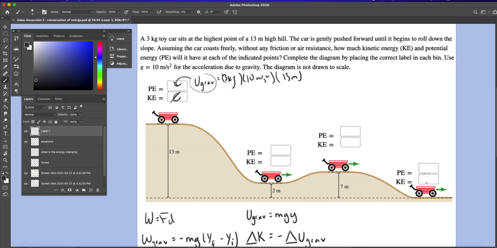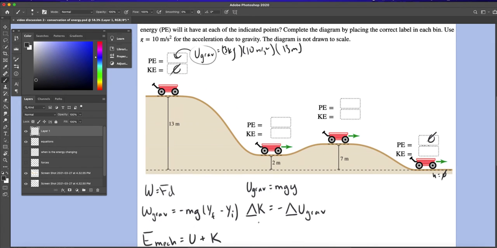And then what you would do next is probably do this one. The height is equal to 0 right here, so that means that there's no potential energy. And if you use this equation, you would find out that the kinetic energy at the lowest point, where height equals 0, is equal to the potential energy at the highest point.